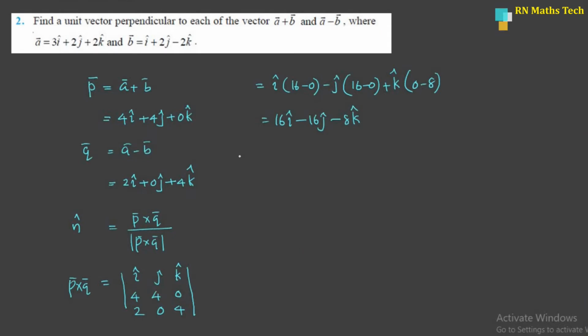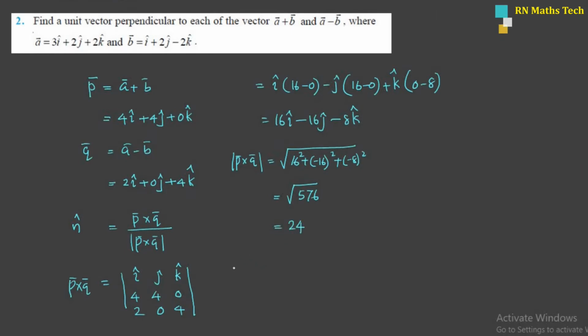Okay. So modulus of P bar cross Q bar is equal to root of 16 square plus minus 16 square plus minus 8 square, that's equal to root of 576, square root is 24.